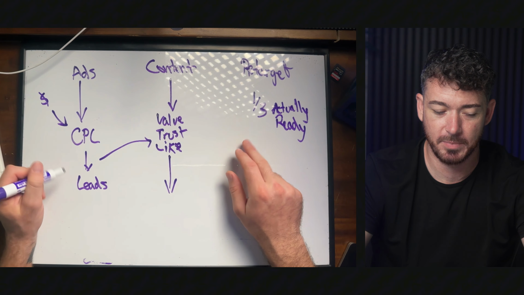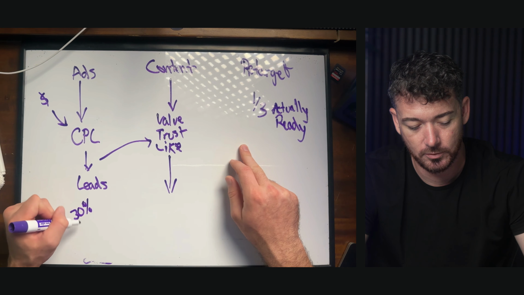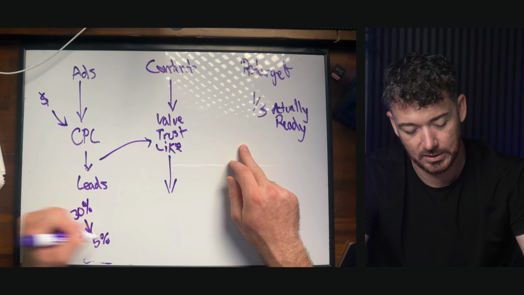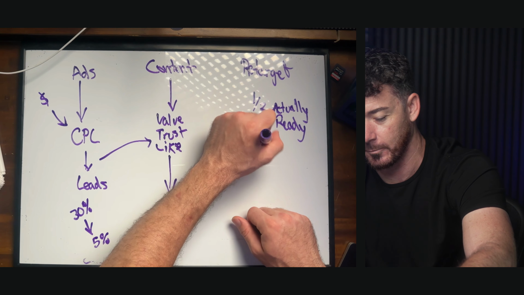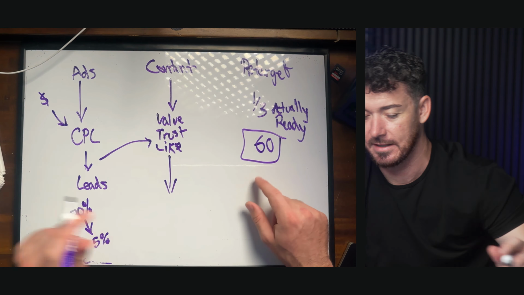So if you're paying money and only 30% are ready to buy, and only a percentage of that actually buy, you're not doing very good. But if you have a way to retarget that 60%, right? If you can retarget 60% and stay top of mind, then when they're ready to buy, they're naturally just moving along here.